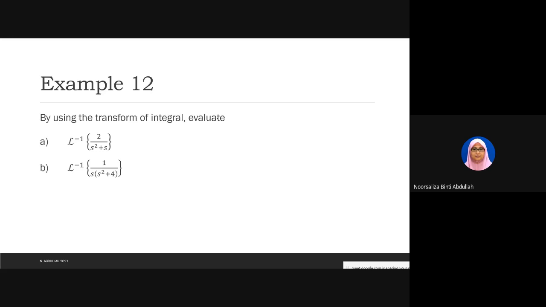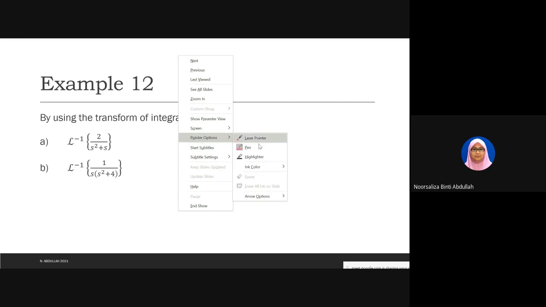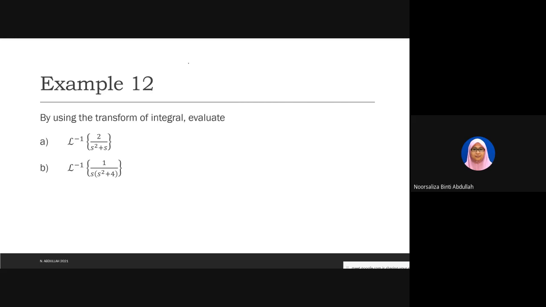So macam mana kita nak buat? Okay, so A, you have a 2/s square plus s. So this one is actually equals to 2/s(s plus 1). Betul?